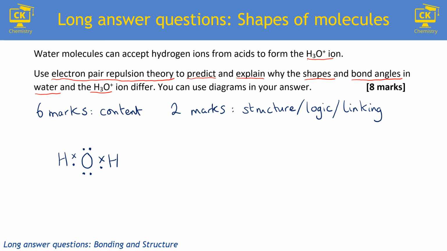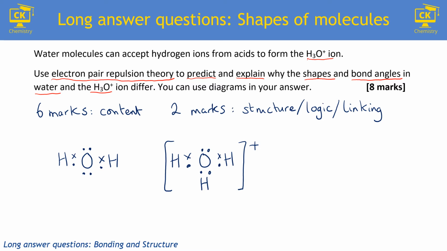And then I'm going to think about how I would draw the hydroxonium ion, H3O+. It says it's formed when water molecules accept hydrogen ions. So what I would do is I draw my water molecule just as it is, and then it joins onto an H which doesn't have an electron, so that would be an H+, and then the whole thing would have a positive charge.